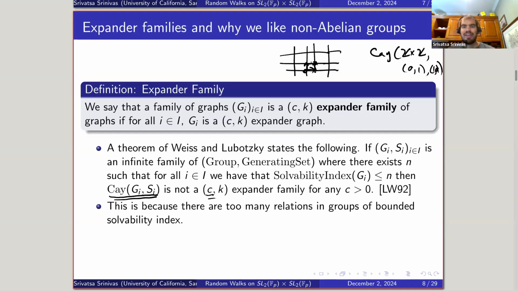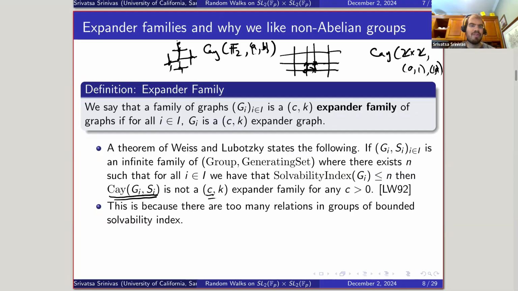If you go to the right and go up 1, it's the same as going up and going to the right. So if there are too many relations, you're going to end up with something like a grid, and grids don't expand well. Whereas if you look at the Cayley graph of the free group on two generators with A and B as the generating set, then you're going to basically get this 3-regular tree on each node over here.